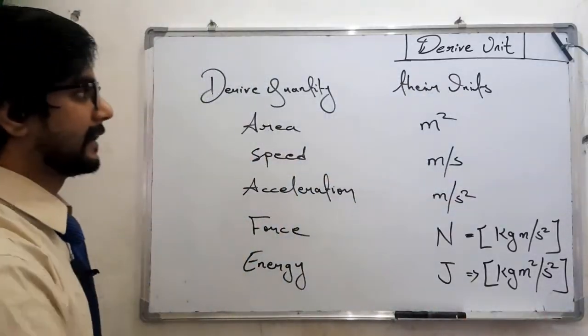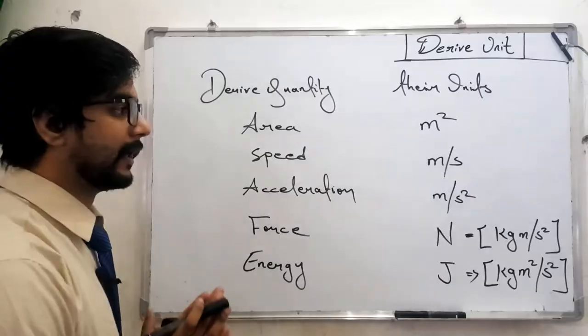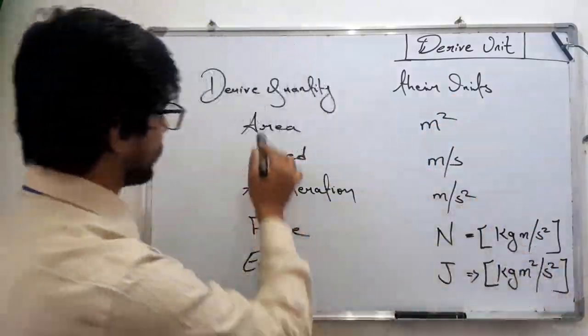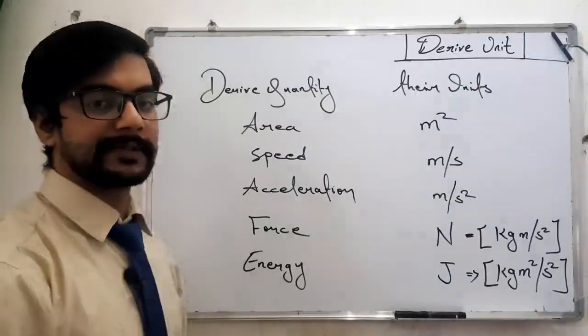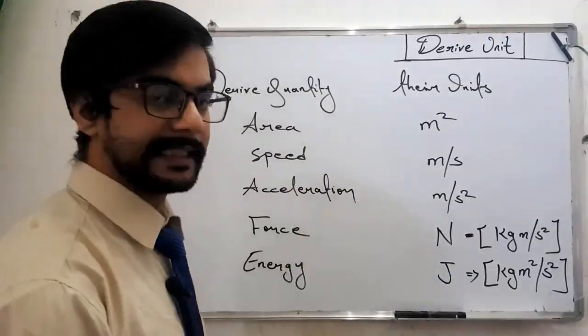See now, these are the units of derived quantities. So today we will learn how we can get this type of unit for each derived quantity. So let's begin one by one.